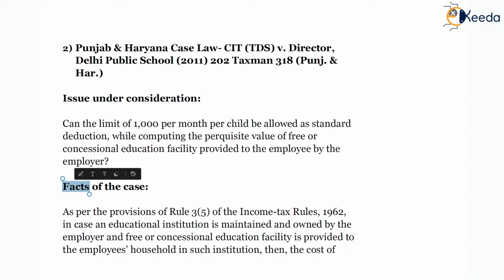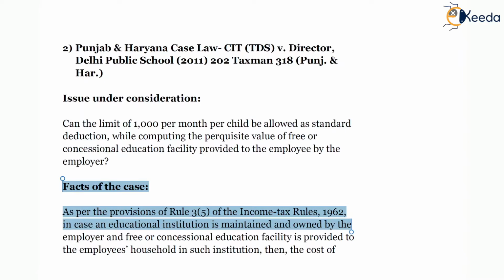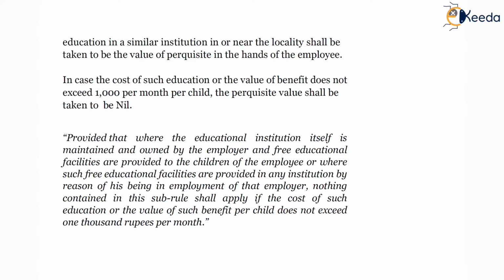Facts of the case: as per the provisions of Rule 3(5) of the income tax rules, in case an education institution is maintained and owned by the employer and free or concessional education facility is provided to the employee's household in such institution, then the cost of education in a similar institution in or near the locality shall be taken to be the value of perquisite in the hands of the employee.